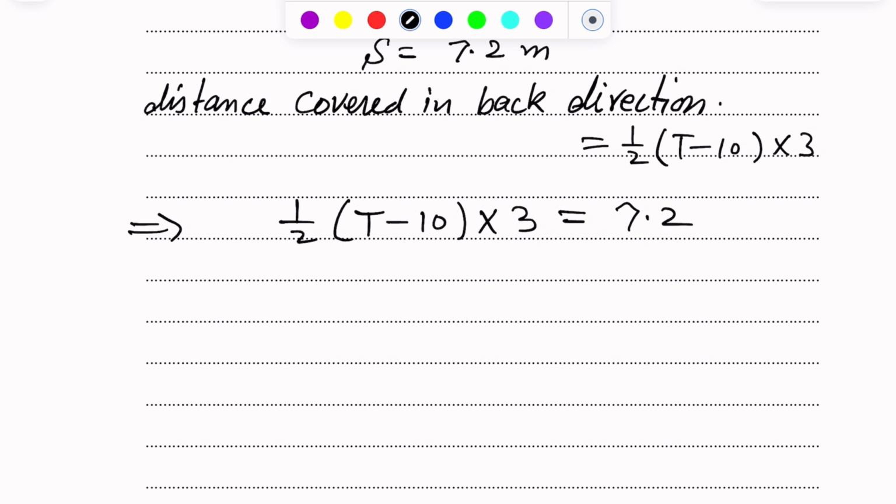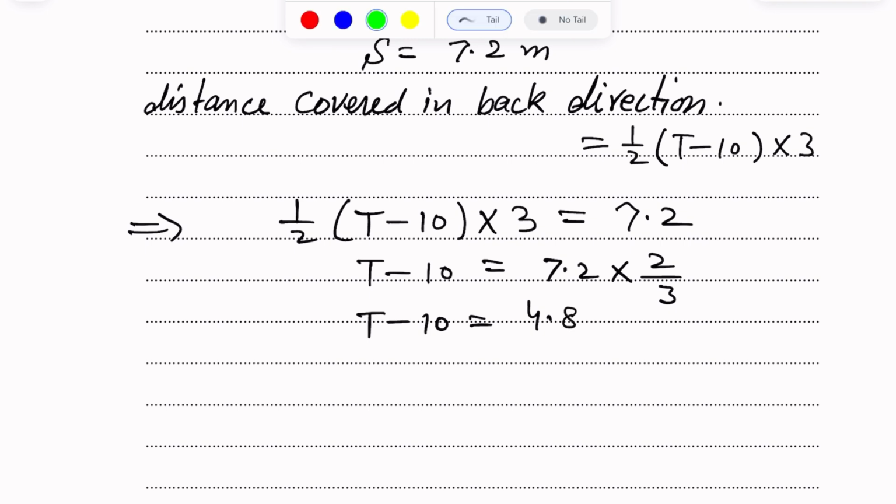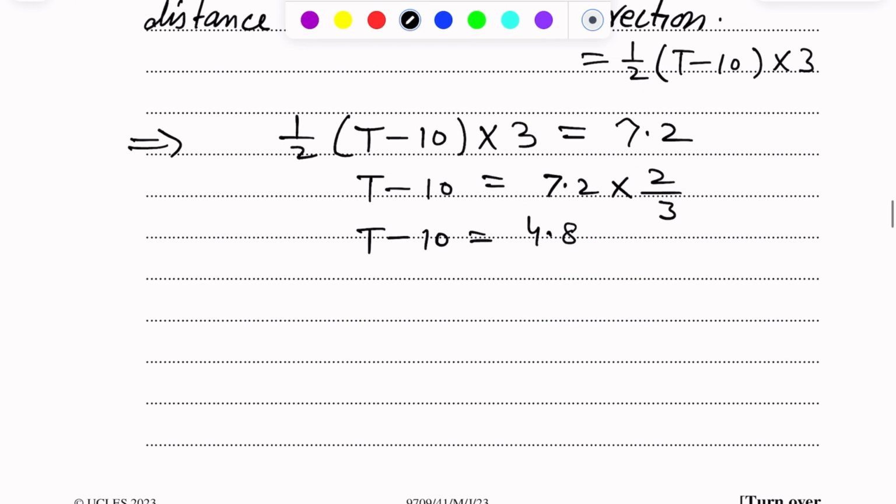From here we can find the value of t. t minus 10 is equal to 7.2 into 2 over 3. t minus 10 is equal to 4.8. Now t will be 10 plus 4.8, that is 14.8 seconds.